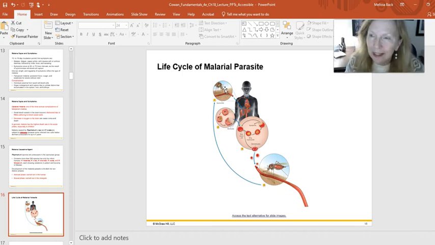So nets to sleep under, clothing, and then some not so harsh chemical spray on your skin to try to prevent the bite from this female mosquito. As the female mosquito bites, she is delivering this protozoa into the bloodstream.